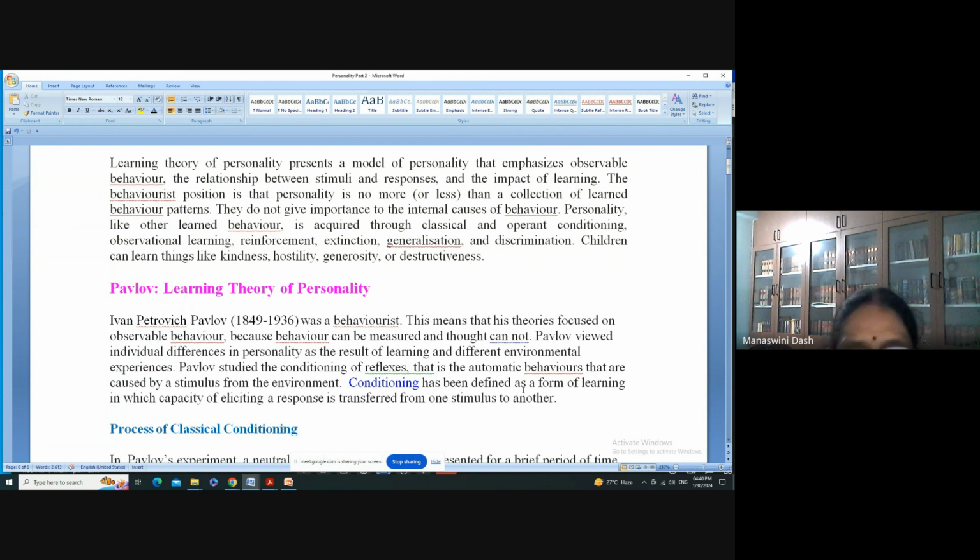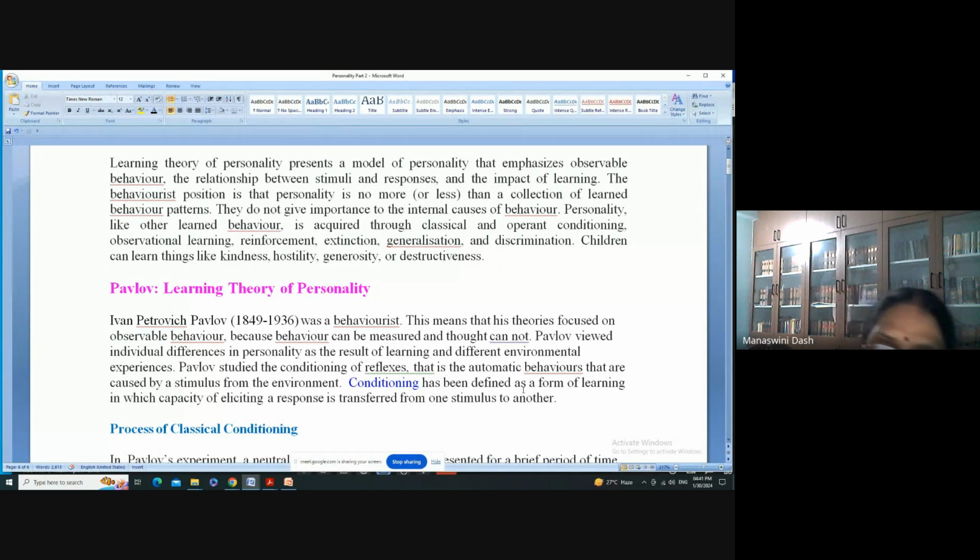Pavlov studied the conditioning of reflexes, that is automatic behaviors, that are caused by a stimulus from the environment. He calls this conditioning. Conditioning has been defined as a form of learning in which the capacity of eliciting a response is transferred from one stimulus to another.